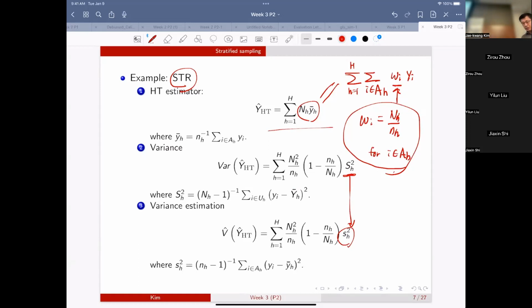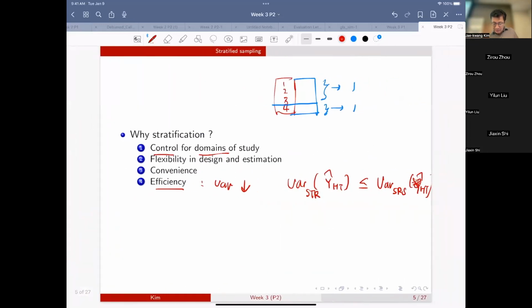Suppose the weight is 100. That means that element represents 100 elements in the population. In this example, after you compute this, you multiply by 3.